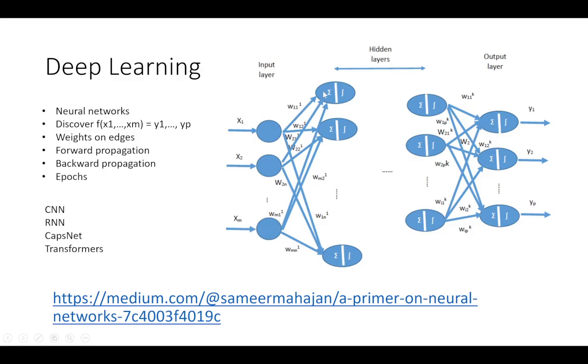When it's fed into the first neuron on top in the first hidden layer, it's multiplied by W11 superscript 1. When it is fed to the second neuron in the first hidden layer, it's multiplied by W12 superscript 1, and so on and so forth.